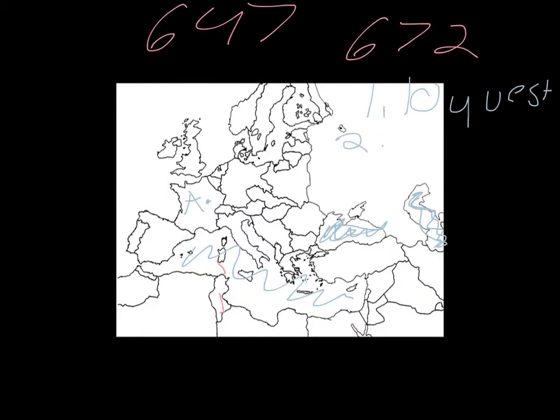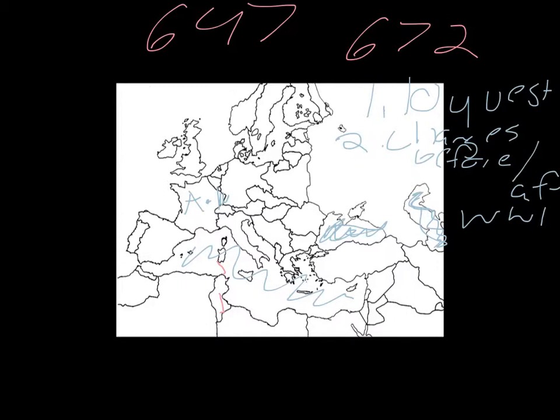Two, questions must be answered, but they also must deal specifically with changes before or after World War I. So it could be, if you were to label this area, for example, which was the Alsace-Lorraine, you could say, which area on the map did Germany give up after World War I? Was it A, B, C, D, depending on the points that you gave?